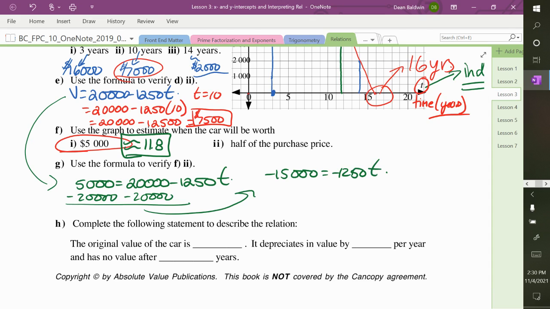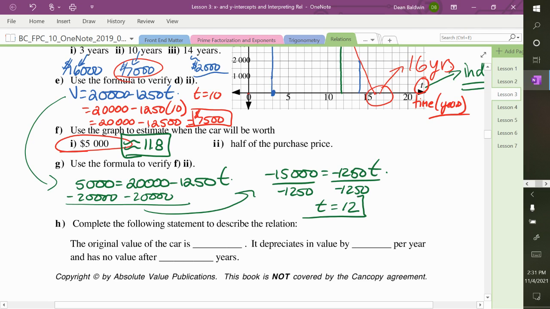Not subtract. Divide. And a negative divided by a negative is a positive. What's 15,000 divided by 1250? 12. So I was very close to my 11.8 estimate. Not close enough for Daniel.